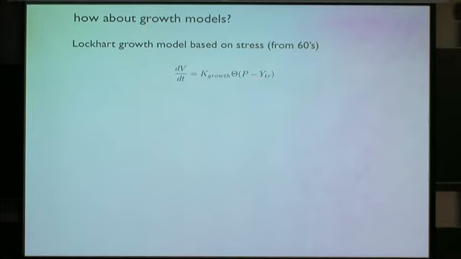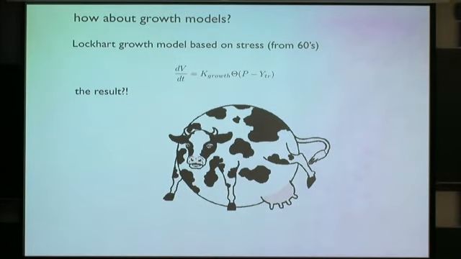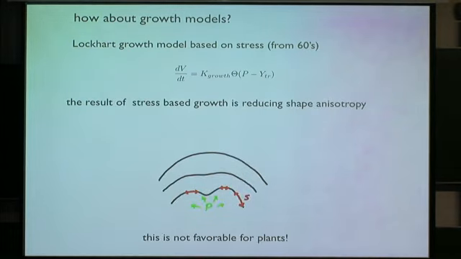Wherever we have more stress, we have more growth. But what's the result of this model? We probably don't like such a thing, because everything will be inflated, and if we have some kind of irregularity in the shape or anisotropy in the curvature, it will be cancelled out as the stresses are different in flats or when we have different degrees of intensity on the curvature. So the result of such a model is not very interesting for plants.